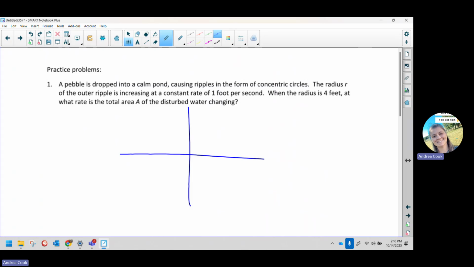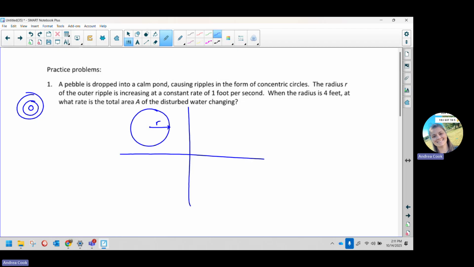In my picture, instead of drawing a bunch of circles, I'm just going to draw one circle. Over time, is the radius of that circle changing? Yes, it's growing. So in my picture, I'm going to put a little arrow to show that it's growing and label it with a variable r. Why not the diameter?